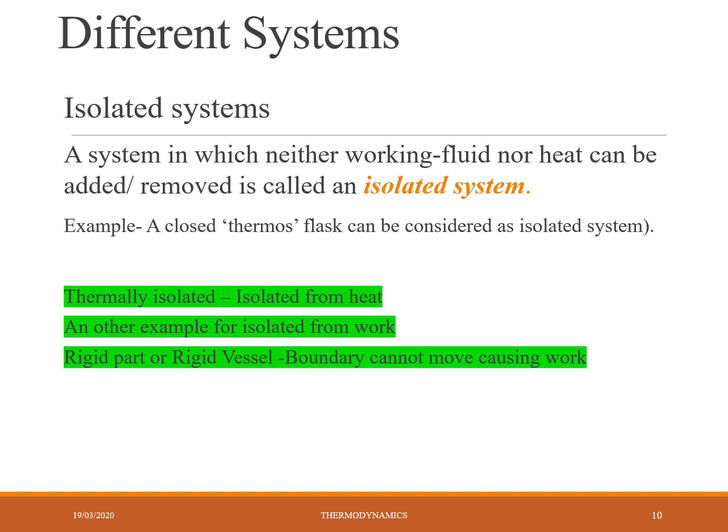Then you can approximately consider no heat transfer. Heat transfer is zero, in other words. Similarly, we'll think about another application in industry as well as for our problem solving. If you are told rigid part or rigid vessel, what do you mean by that?